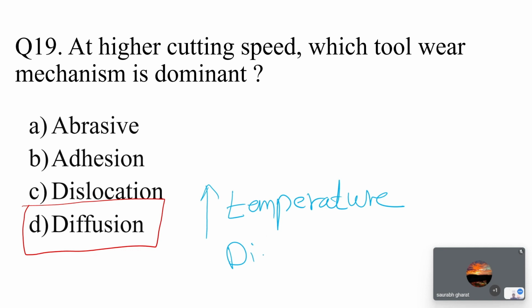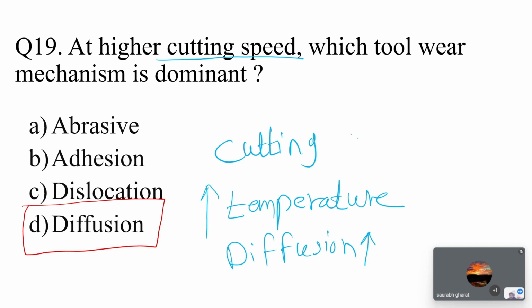What they have asked is at higher cutting speed. Your cutting speed is high. What will happen here? As your cutting speed is high, the temperature will increase, and your diffusion will increase.